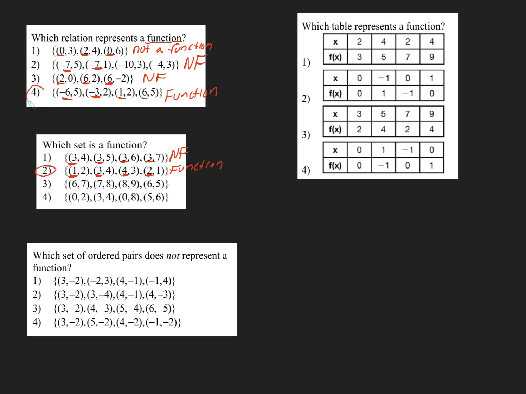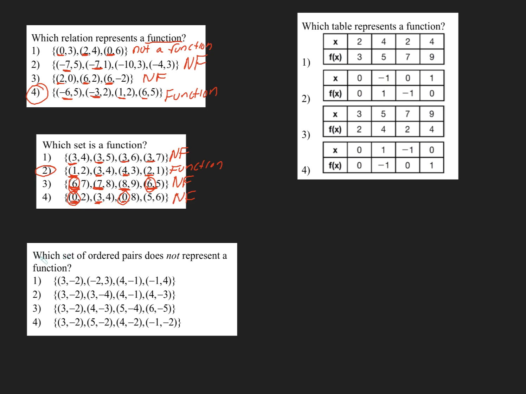I don't need to go any further. I didn't circle number 4 up here. Now if you want to go, let's see. Here I have 6, 7, 8, 6. The 6 repeat themselves, not a function. Okay, let's look here. 0, 3, 0. Okay, the zeros repeat themselves, not a function.